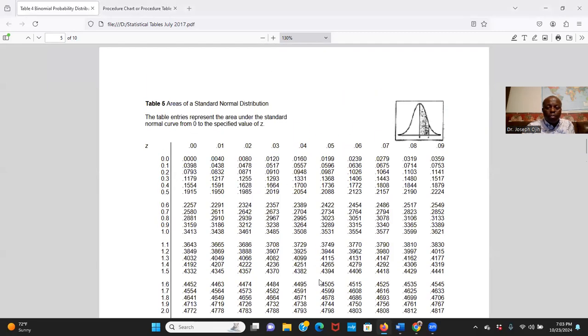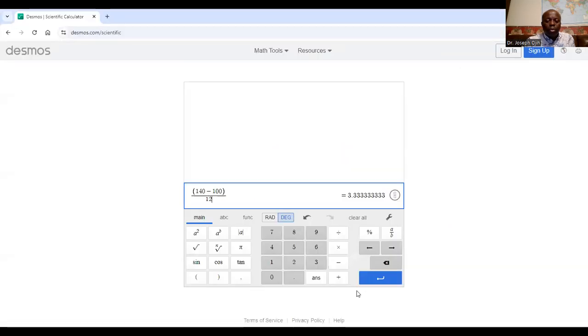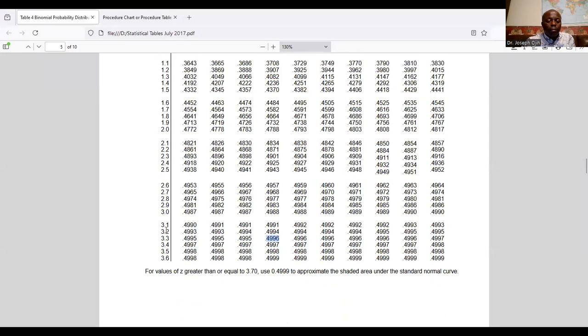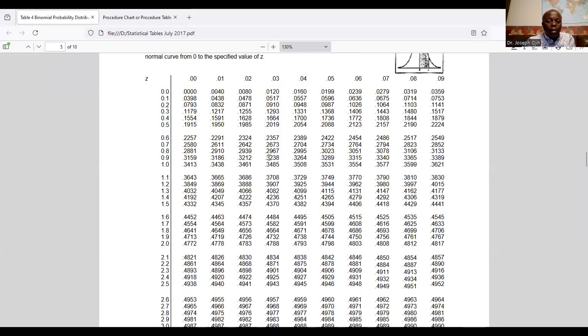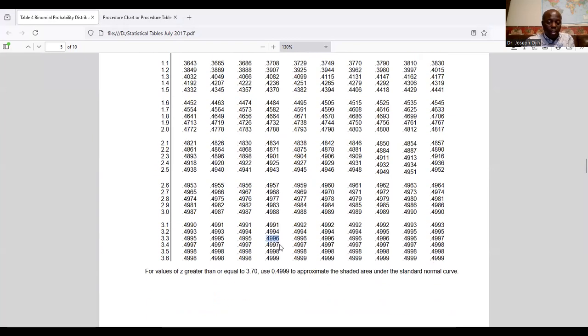Just making sure. 3.33, and if you look at the calculator, make sure that's what we have. Yep, 3.33. So look under 3.3, we go under 3. See, 3 right here. So 0.4996. Got it? So we put 0.4996 right here.